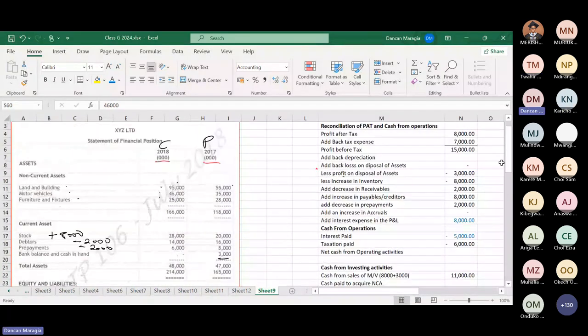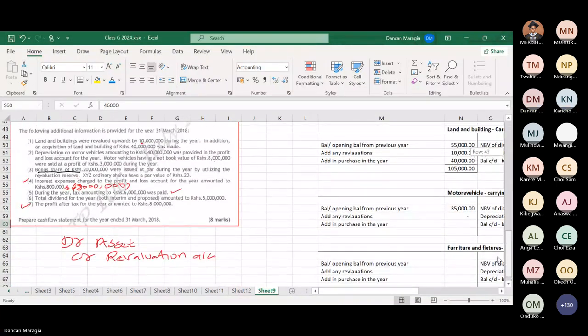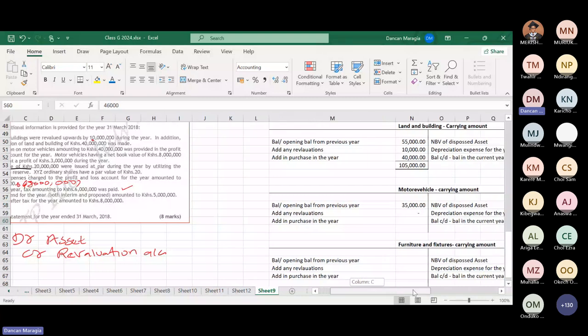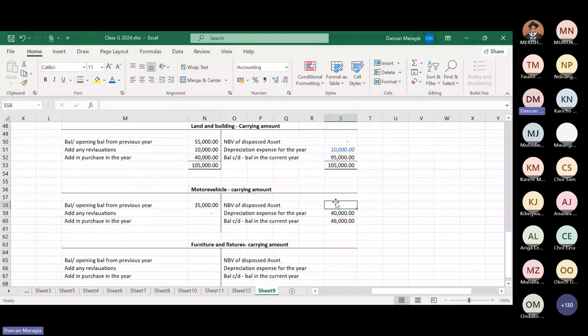Motor vehicles having a net book value of 8 million were sold. So what was the carrying amount or net book value of the disposed motor vehicle? 8 million. What do you think was the missing figure in this account?